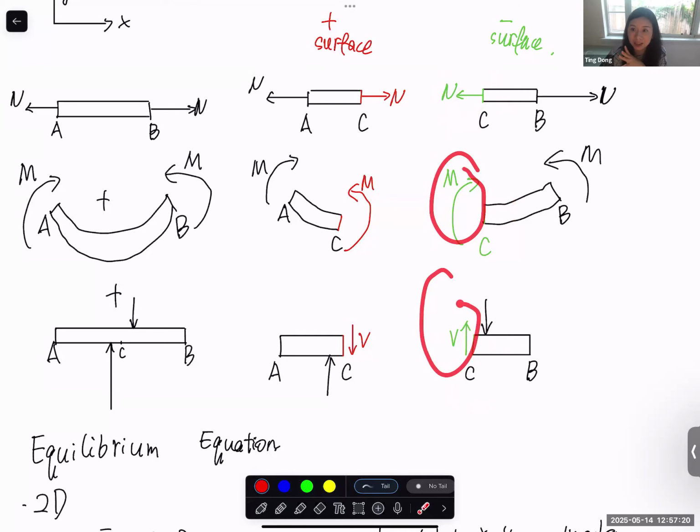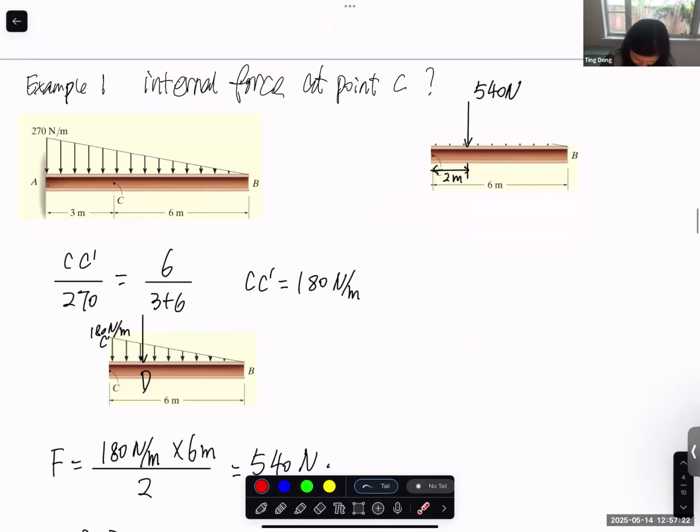Make sure you put the correct sign there. So let's say on this cutting surface, we have VC, MC, NC.